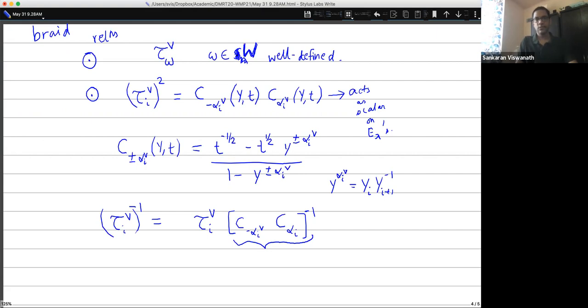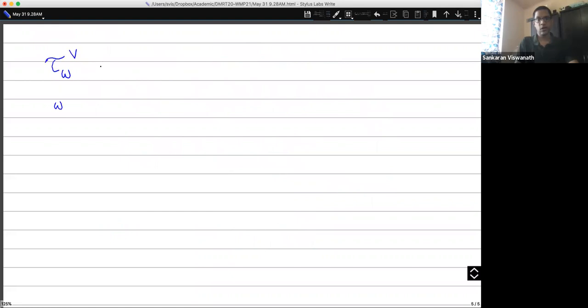I mean, the braid relations are also satisfied with respect to the pi, not just with respect to the tau i and tau hs. So I sort of forgot the pi is there. So this is the full braid relations for the entire affine Weyl group itself. Okay, so I have an intertwiner corresponding to each element of the affine Weyl group. So the natural thing is, how do those intertwiners commute past these y's?